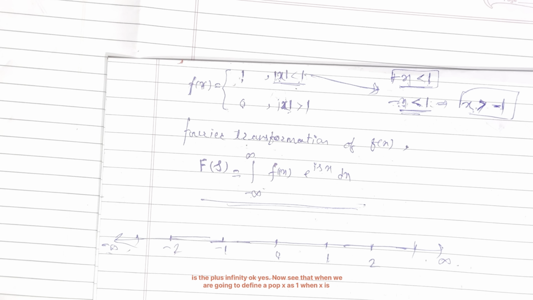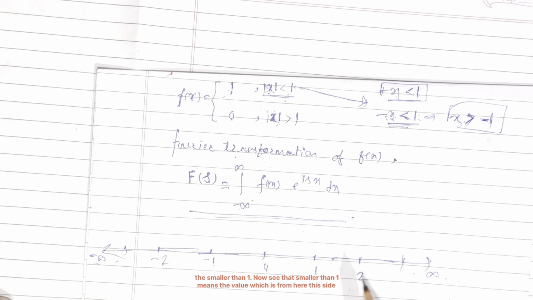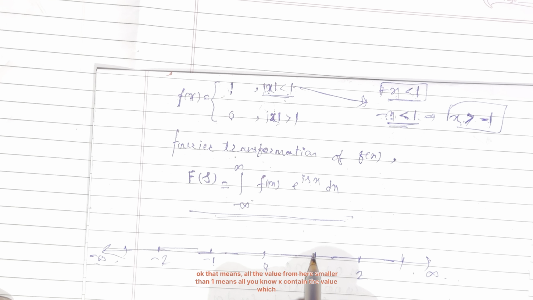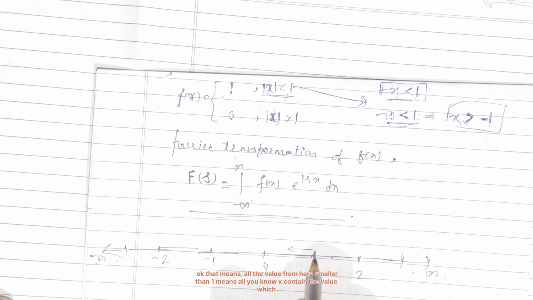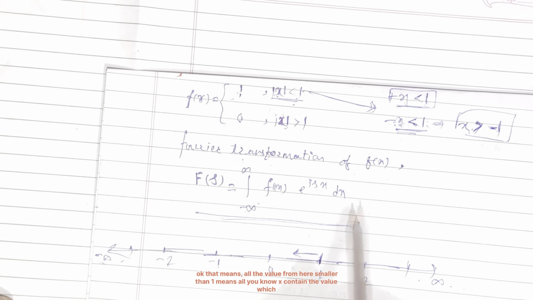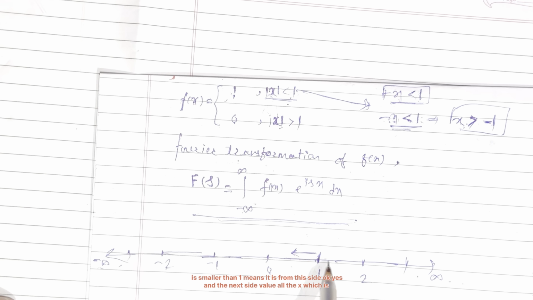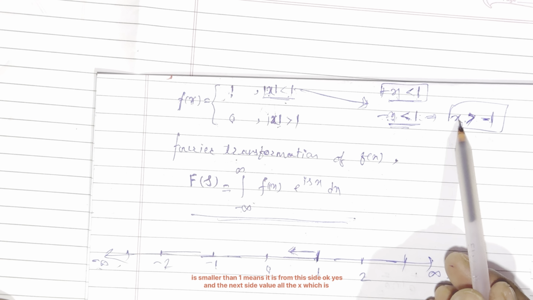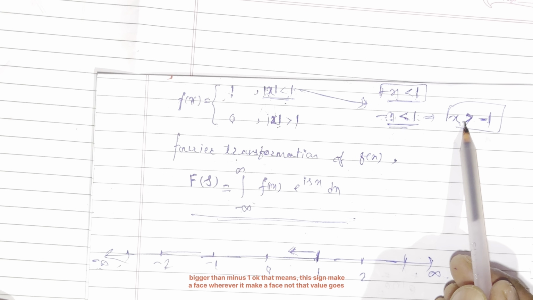Here it is the +infinity. Now see that when we are going to define f of x as 1 when x is smaller than 1, smaller than 1 means all the values from here, this side. All x which contain values smaller than 1 come from this side. And for the next side, all the x which is bigger than -1.